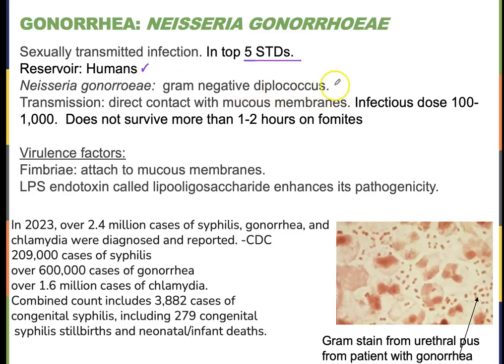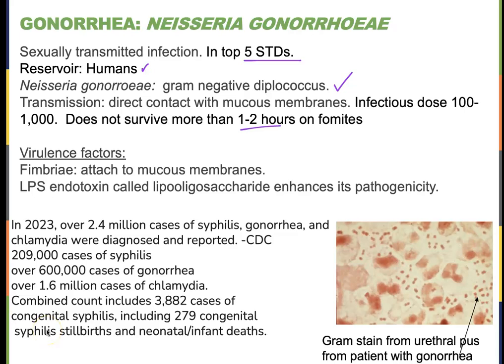It's a gram-negative diplococcus. We did look at this guy in lab. Transmission is from direct contact, mucous membrane to mucous membrane. It does not survive more than 1 to 2 hours on fomites, so it's pretty weak outside the body. When you contract Neisseria, most of the time it is very direct contact.